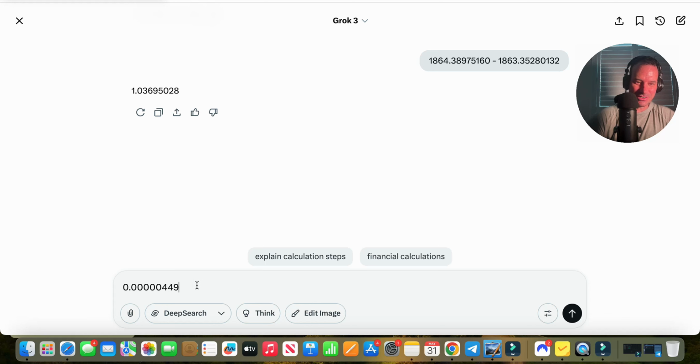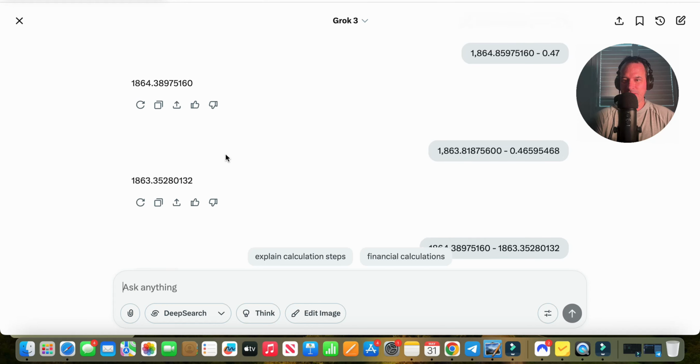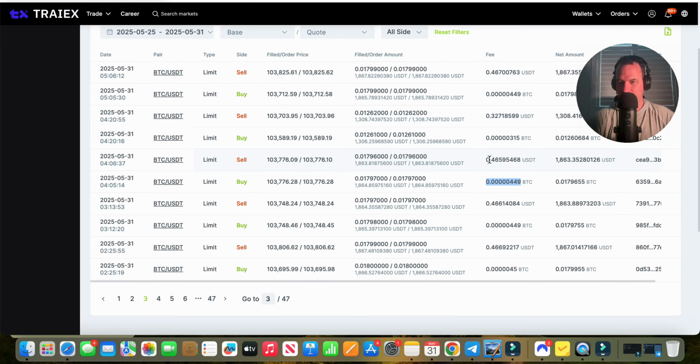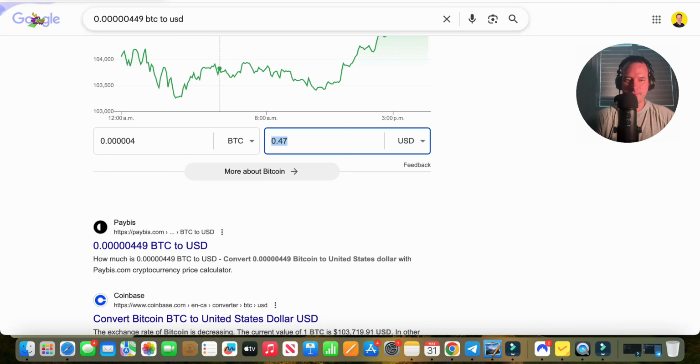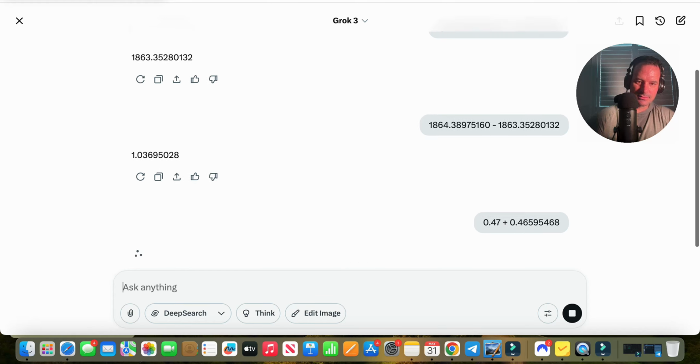But then if you're to go, oh, sorry, we can't use that. We got to use this stuff up here. So this was the Bitcoin fee, right? In USDT. And then you would do plus, and then you'd grab this number here. Okay. Where are we? Right here, plus that.